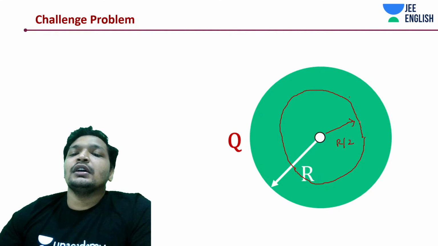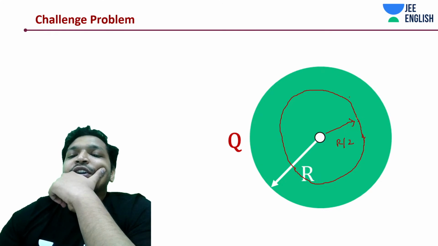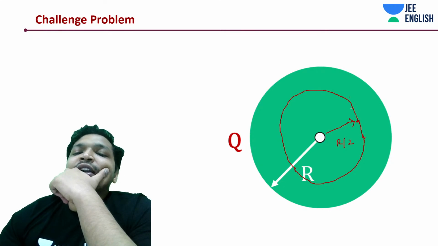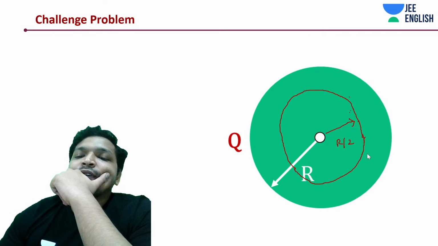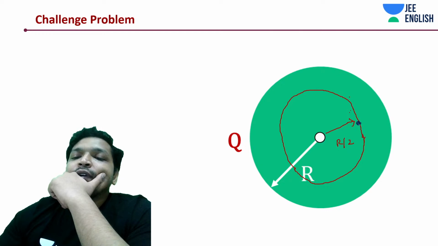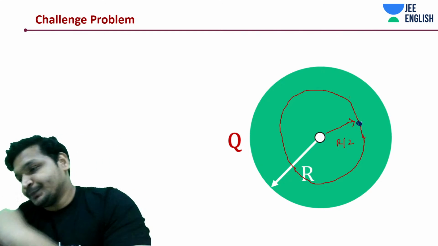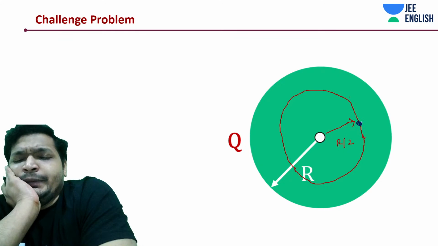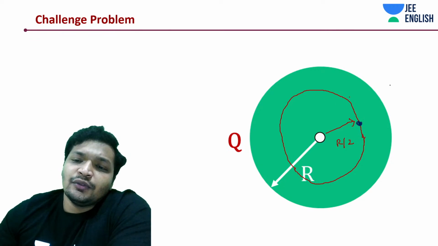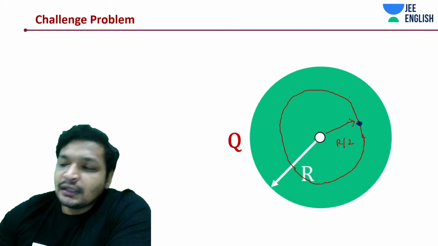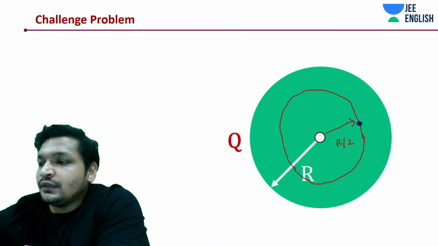You need to find out the potential at a point r by 2 from the center. Now at a point r by 2 from the center, there is a thing, guys. What's the thing? Unlike the rest of the cases, there is a catch. What is the catch? Think about it carefully.